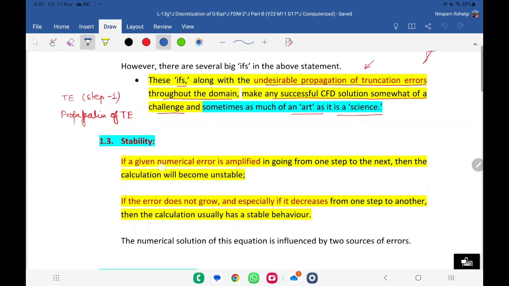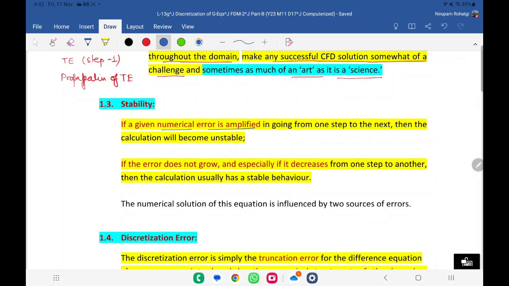Right? Numerical error is not amplified. That is the stability. If the error does not grow, especially if it decreases from one step to another, the solution is said to be stable.